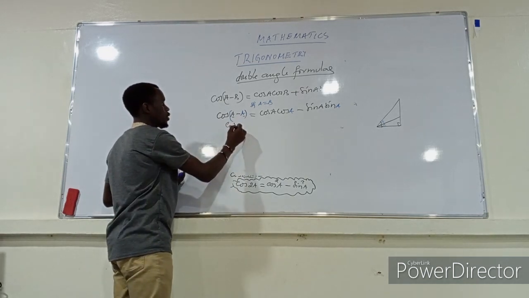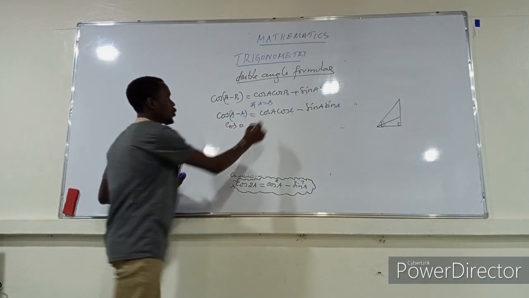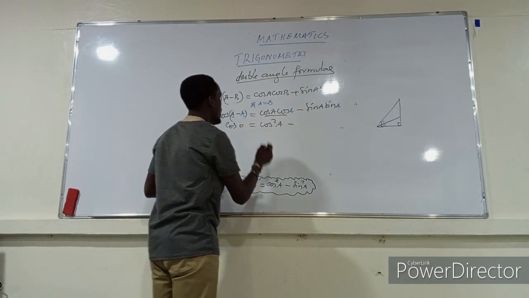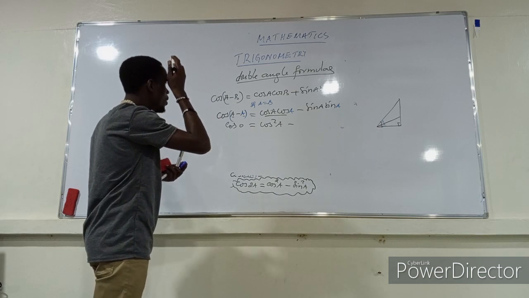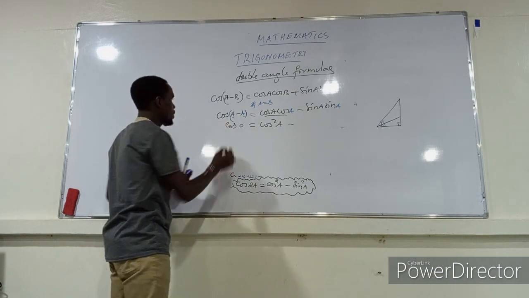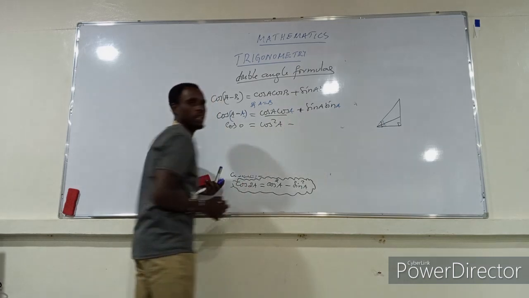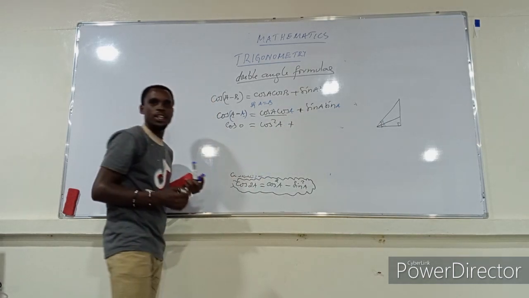I'm going to get cosine of 0, which is equivalent to cosine squared of A, and then, since we are having negative here, we shall have a positive here. And of course, I have to add here.